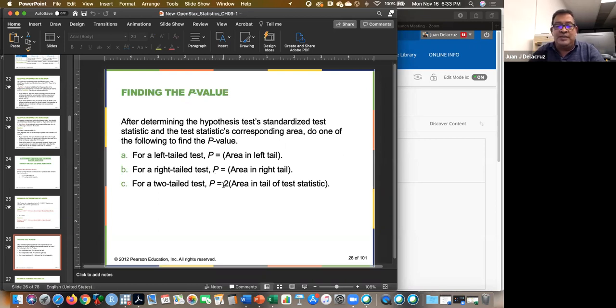We know how to do it. For a two-tail test, we are going to multiply by 2 the area under the curve for one of the tails. So if the p-value on the right tail is 1.5%, we have to multiply it by 2. The area is going to be whatever is on the tail multiplied by 2. We are going to see how it works.